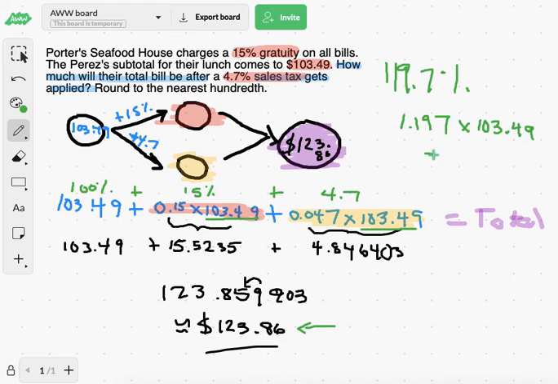That gives me $123.86. So this here would be the expression I would use that would get me to the final answer when I have two different increases like that that come from the same value. That's how you would do that.